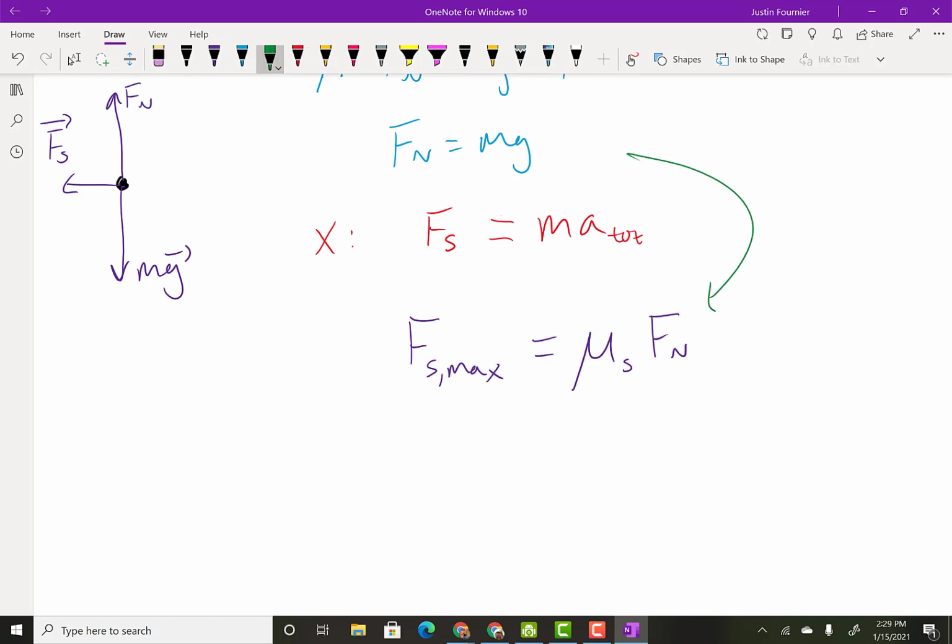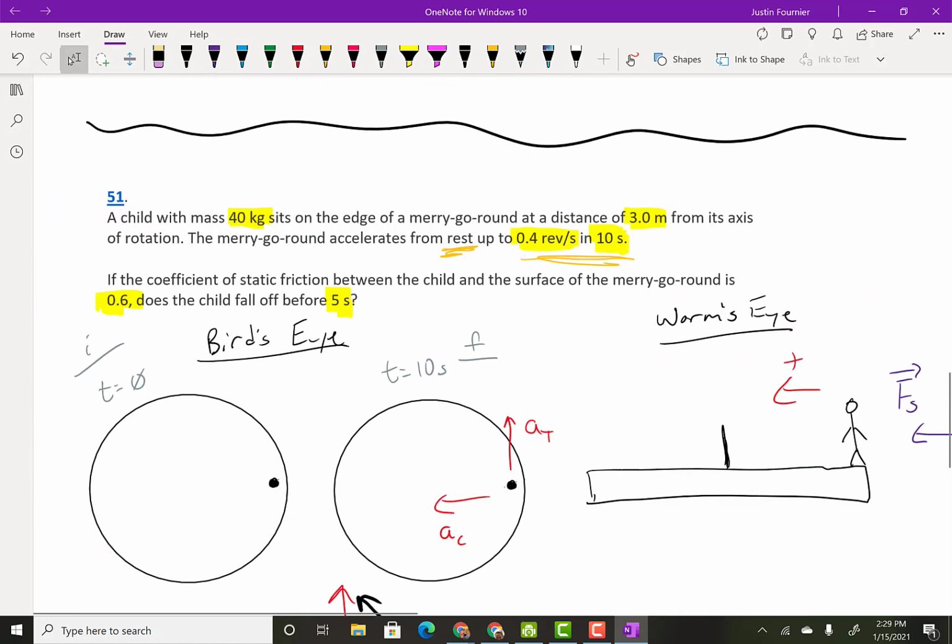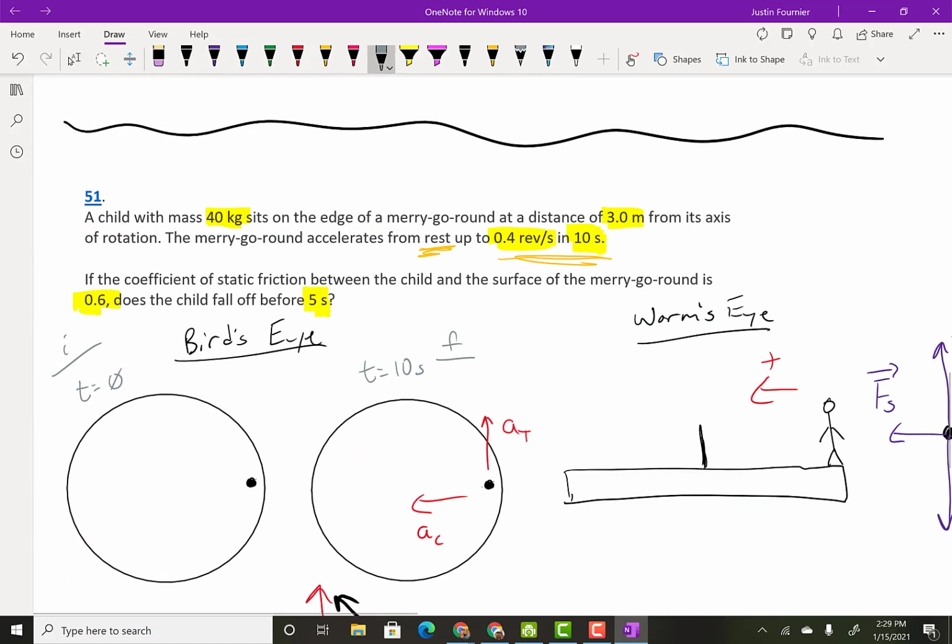So Fs max is equal to mu s times mg. They gave me mu s, the coefficient of static friction, which is equal to 0.6. And we're doing this at time t equals 5 seconds.